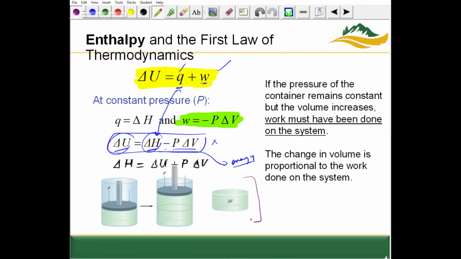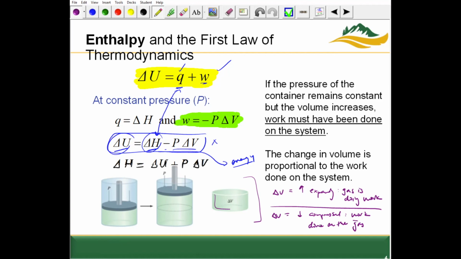Then we saw this visual as well. I want to clarify that if the change in volume is increasing, so let's say the gas is expanding, the gas is doing work. Then if the gas is decreasing in volume, it's being compressed.